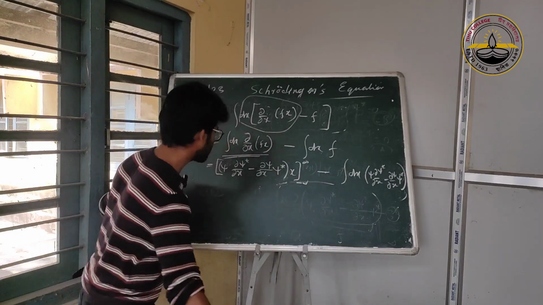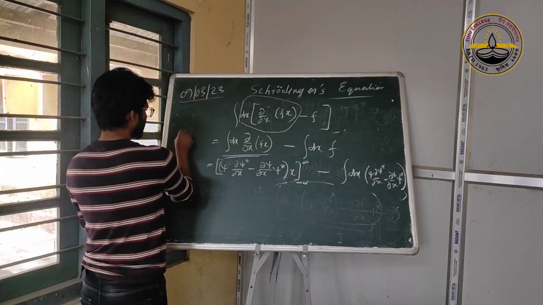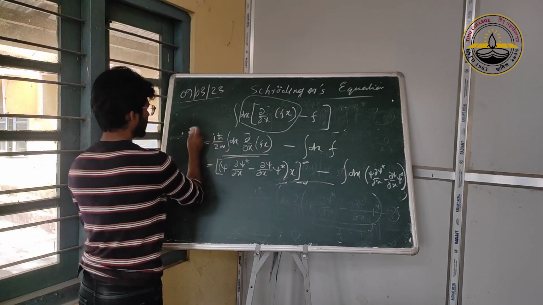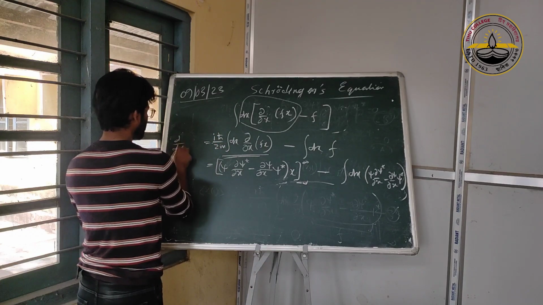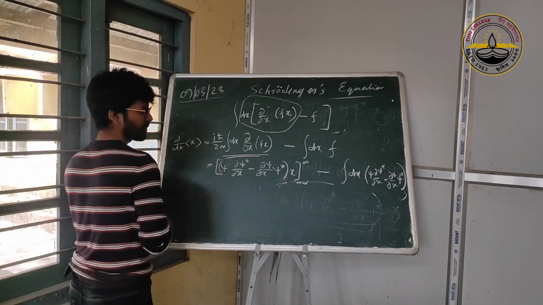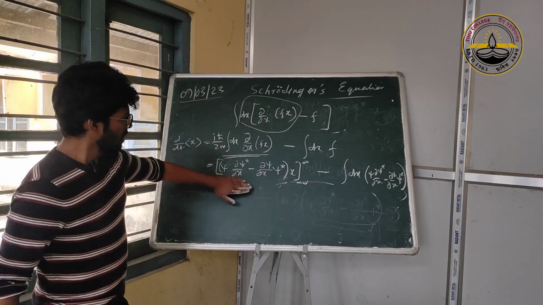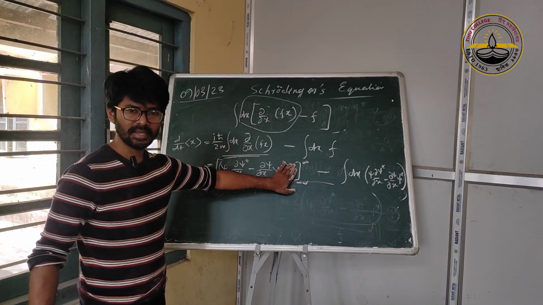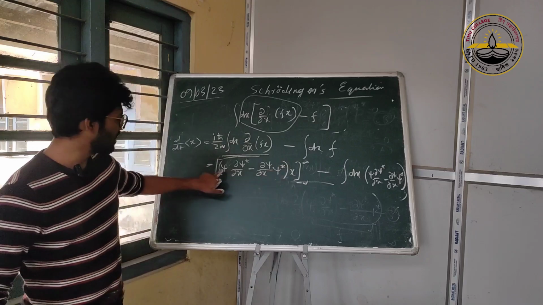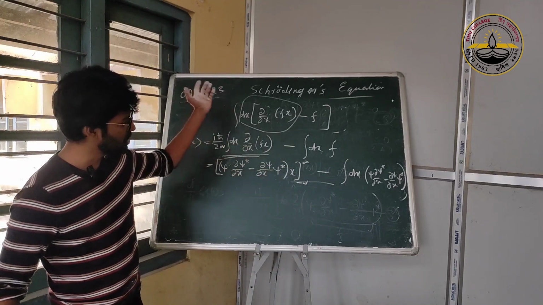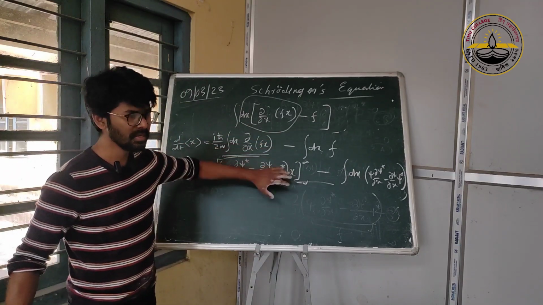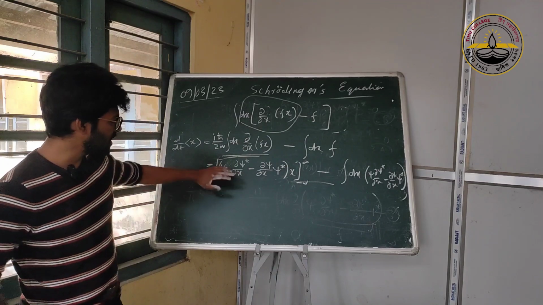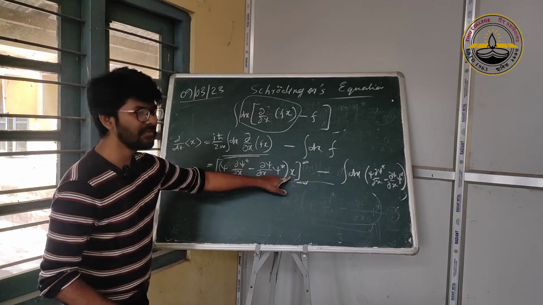Now, what is this? This is some i h cross by 2m here, and this is d dt of this thing. Earlier there was no x, and it was easy. You said psi and psi star both go to 0 at plus infinity and minus infinity, so this is 0. But now look at this. When you put psi of infinity, there is infinity here.